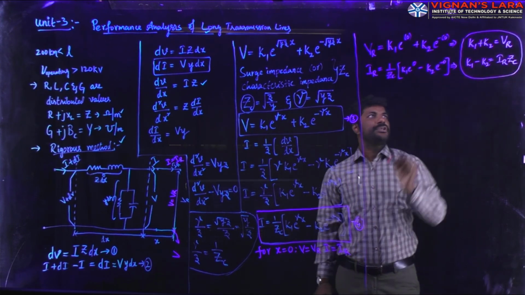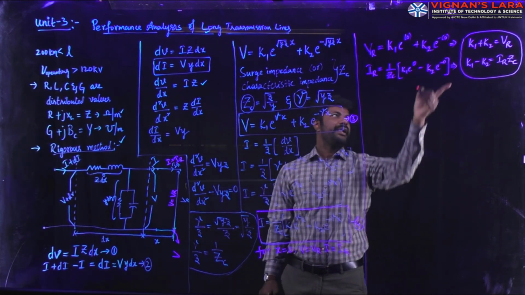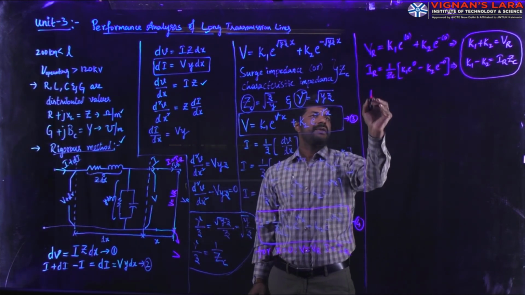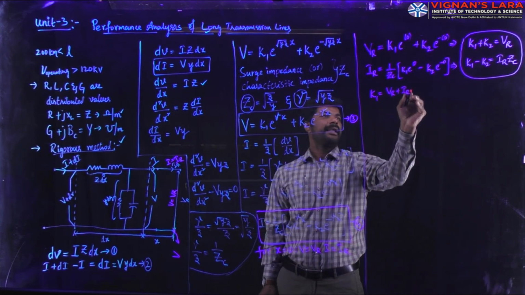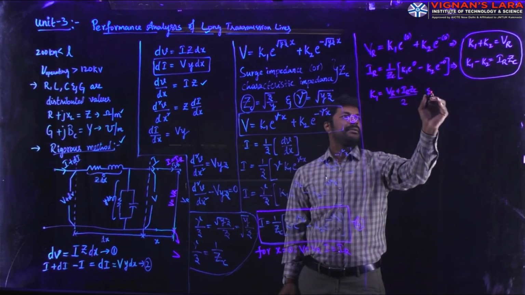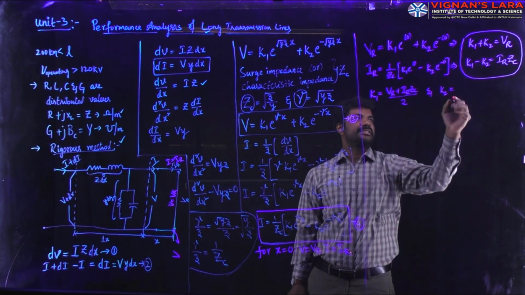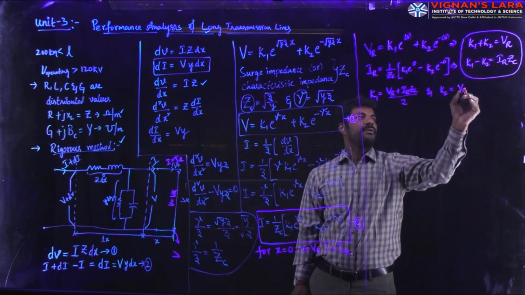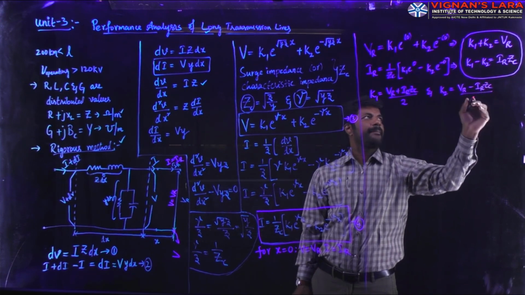On adding up these two, we can identify the values of k1 and k2. So addition of those two gives me k1 value as (VR plus IR ZC) by 2, and k2 constant, if you simplify, as (VR minus IR ZC) by 2.